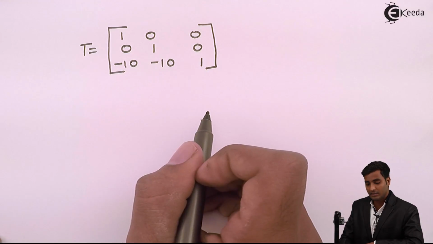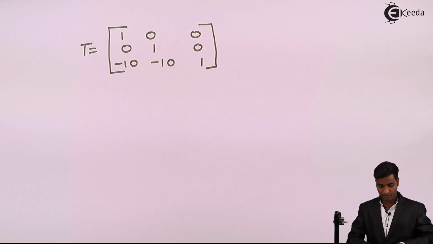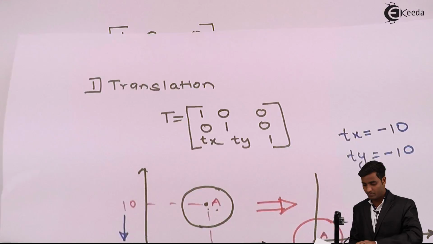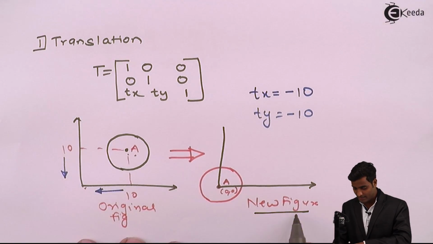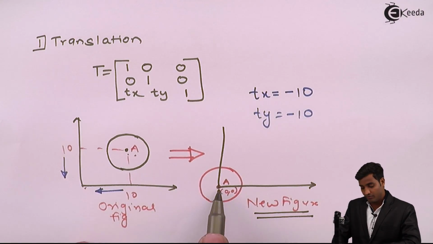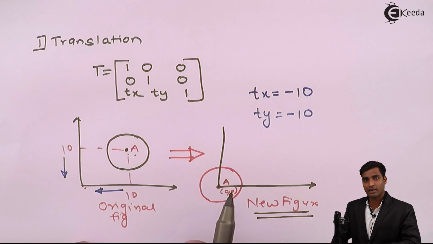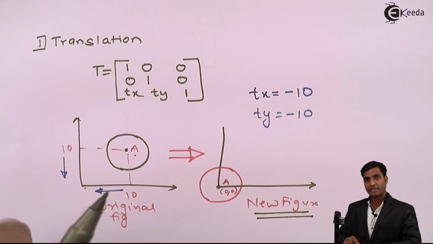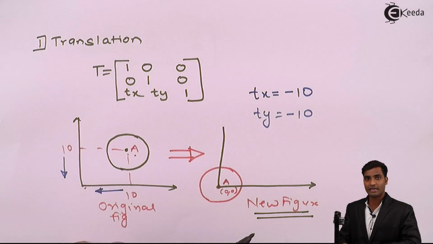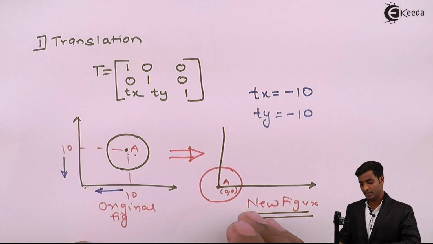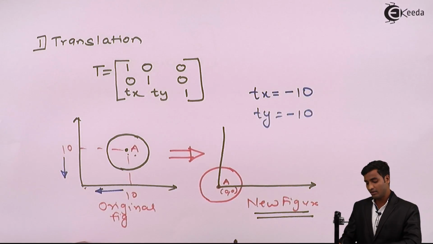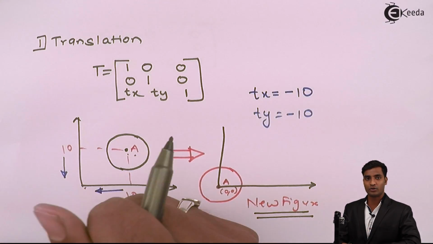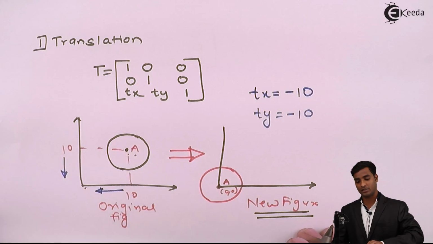After translation, the figure has become just like this, so we have brought this point to the origin. Now we can apply scaling, because the circle is to be transformed into an ellipse. We already said that scaling is done with respect to the origin. Now we will perform the scaling operation.